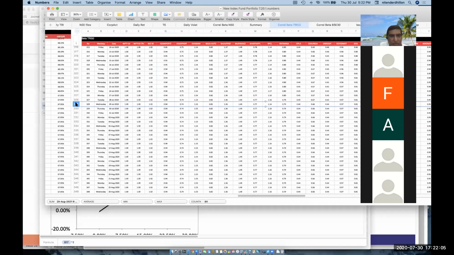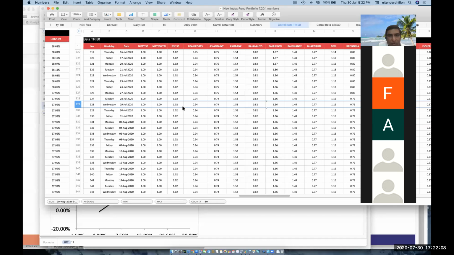We're looking at this row out here. It is 0.94.